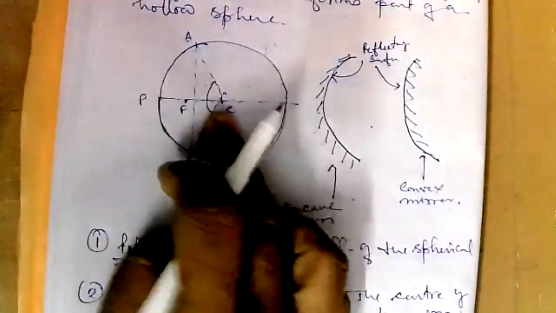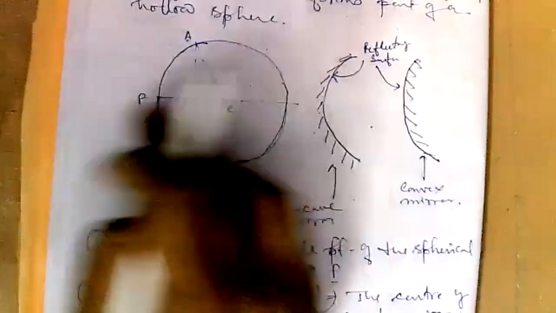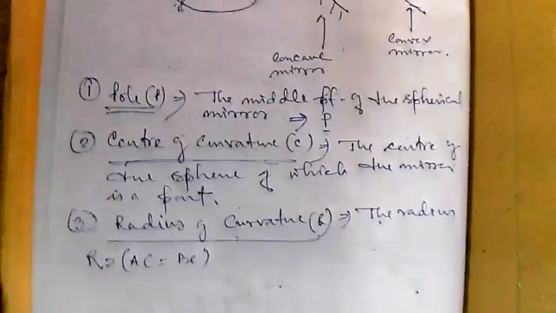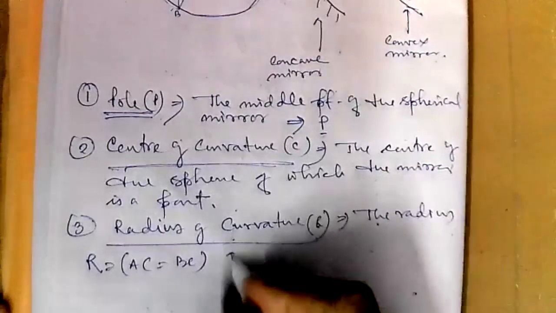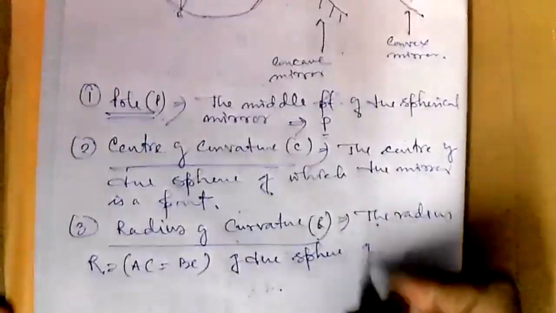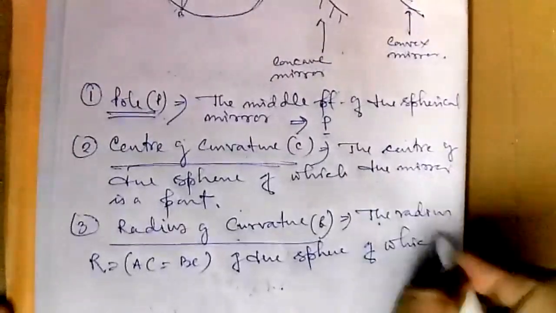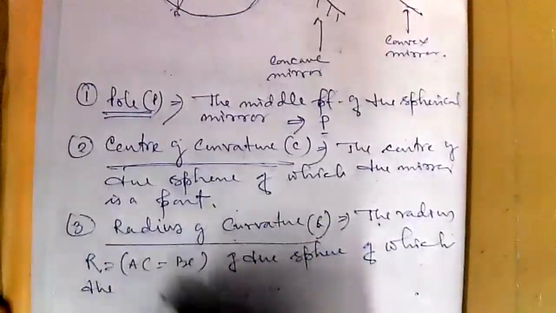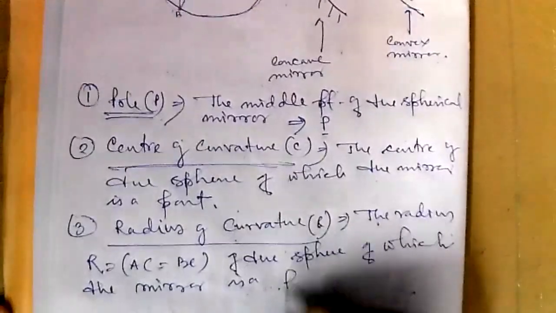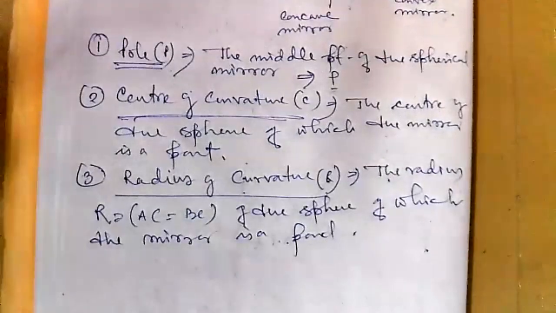So radius again, CP is also the same. CP, AC, PC, BC, all are the same. They are the radius of the sphere of which the mirror is a part. That is called the radius of curvature.